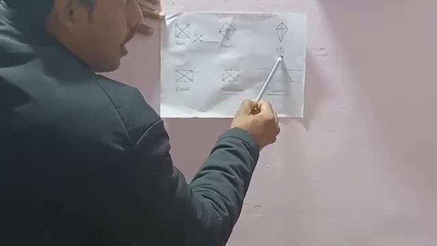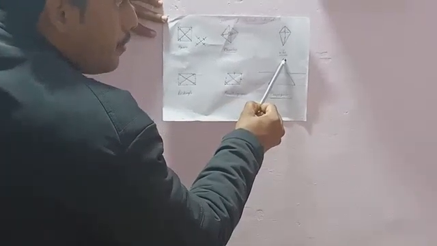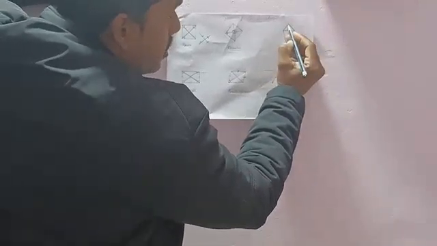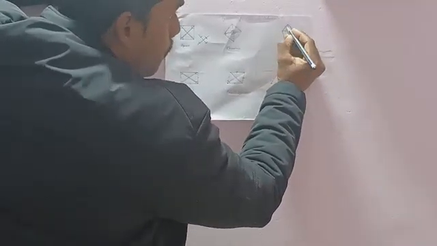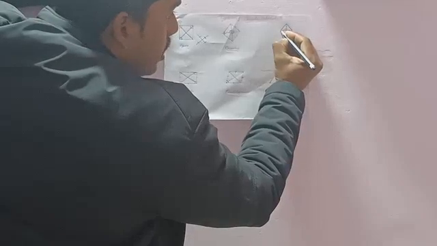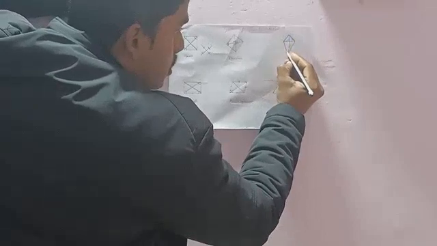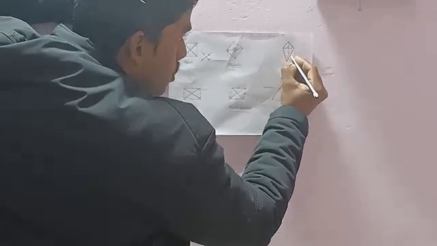Our next quadrilateral is the kite, a shape in which adjacent sides are equal. So this side is equal to this one, and this side is equal to this side.